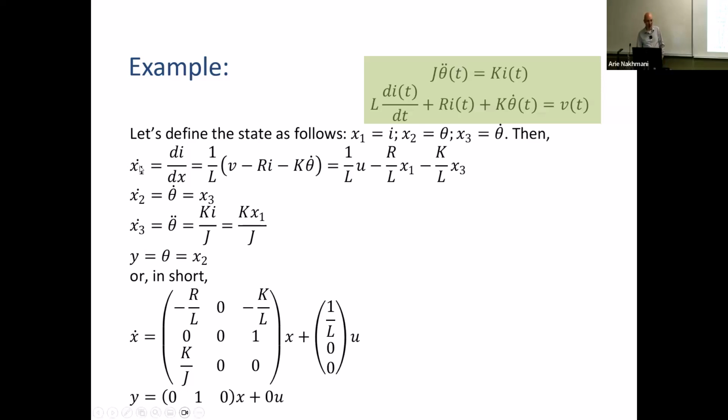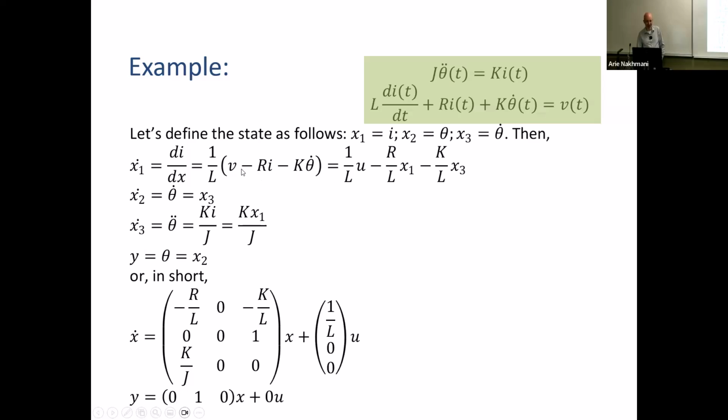You compute the first derivative of x1. So x1 is I, so it's I dot. We know that I dot is that thing minus that thing divided by L, right? This is from that differential equation. So this is what I write here. It's like 1 over L times the rest of the equation here. Now I want to get rid of all of these things.